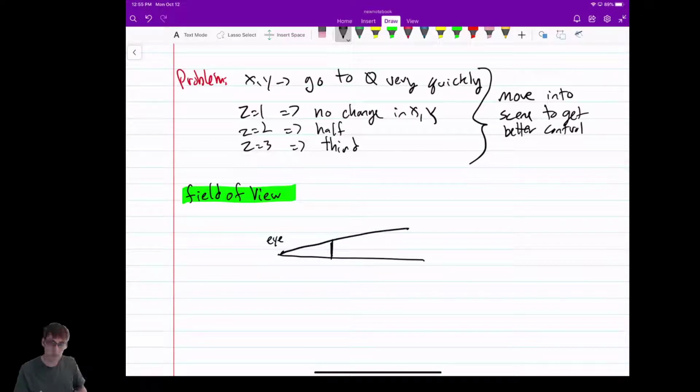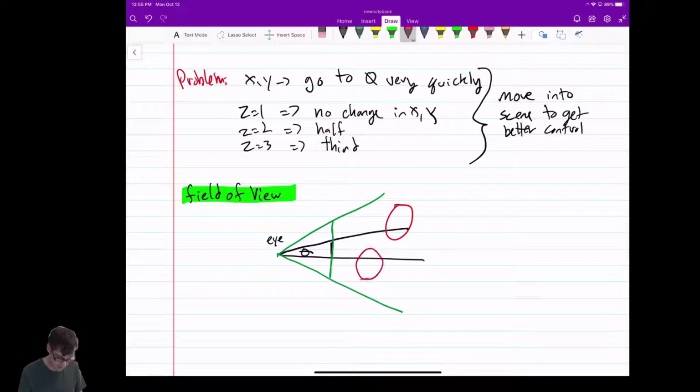Now you can see it's a very narrow field of view. This angle here is narrow. It's a narrow field of view. Now, at the same distance from me, if I have a bigger image plane, look at that, I can see more things in my scene. If I have a sphere here and a sphere here, you can see the green field of view sees them completely, but in the black field of view, they're very narrow.